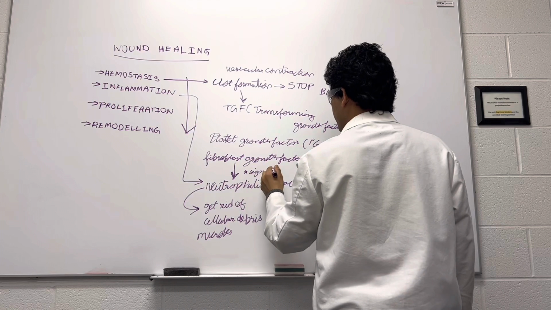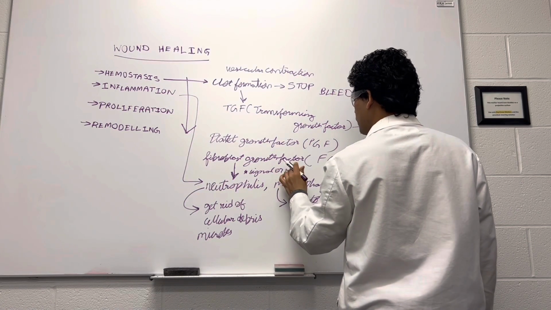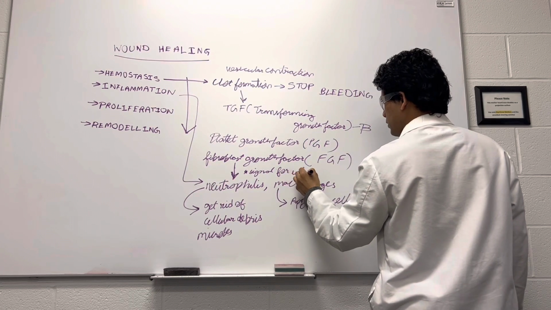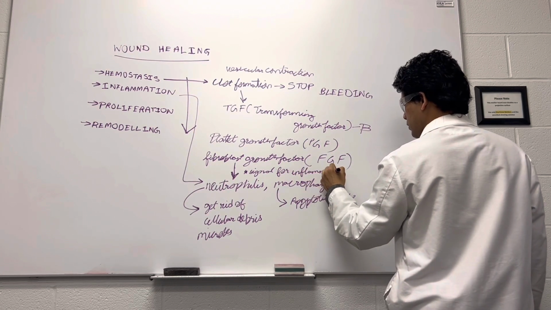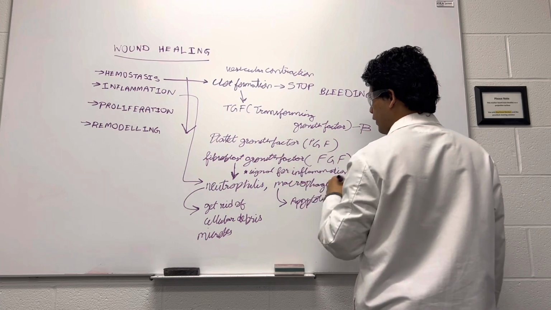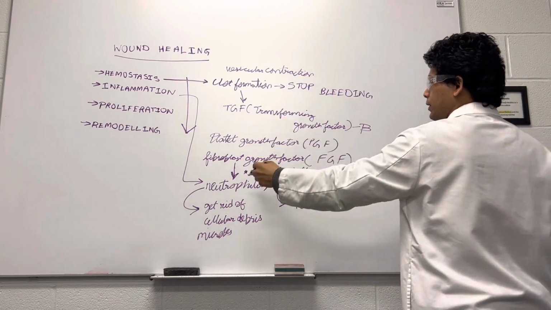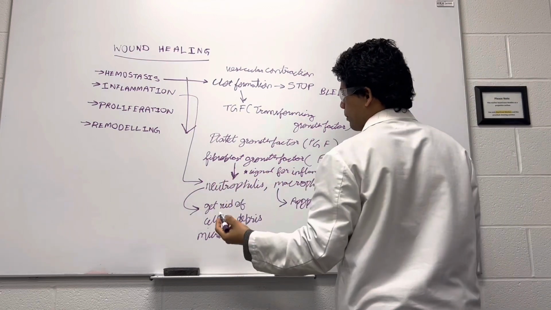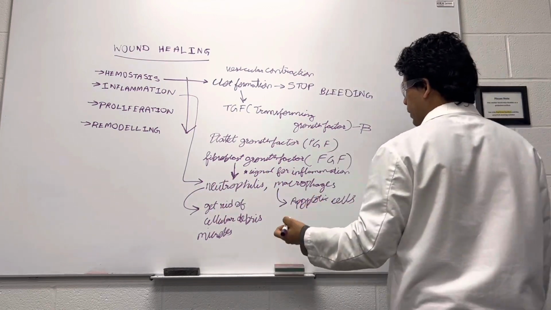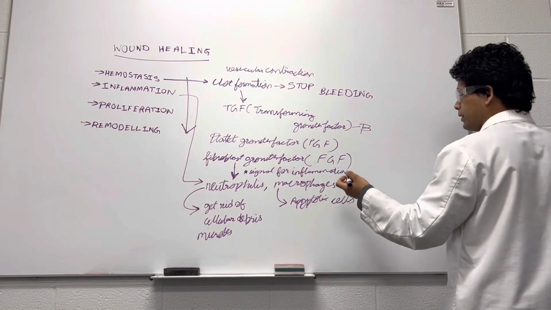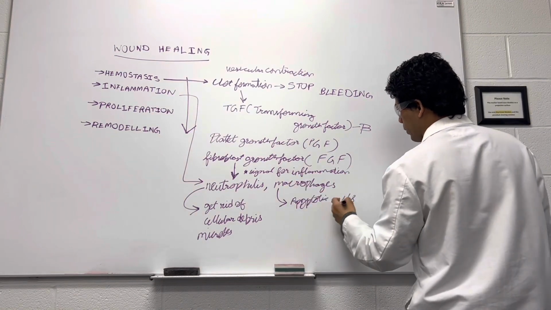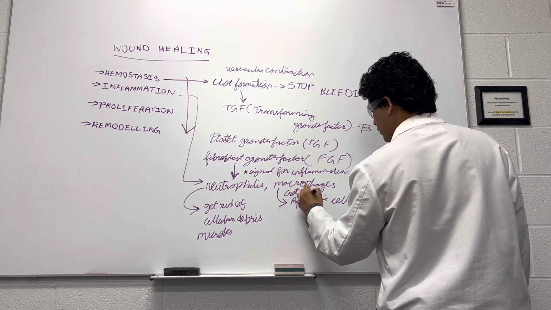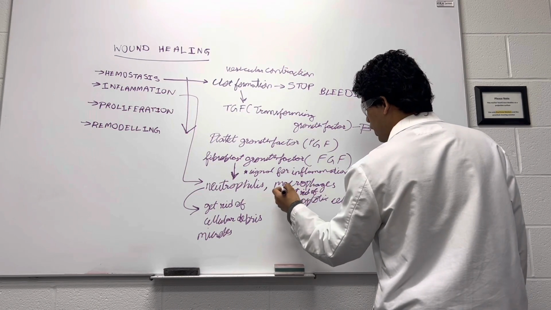Then these neutrophils and macrophages will come to the wound area. The neutrophils' main function is to get rid of cellular debris and microbes, and the macrophages' is to get rid of apoptotic cells.